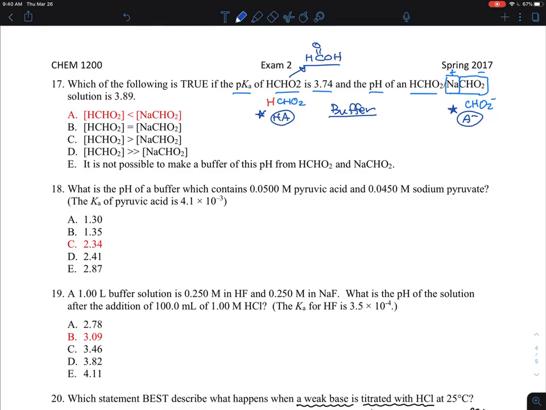Okay, so if you're looking at here, there's a bunch of equations. The one that is going to be useful is this: pH equals pKa plus log of the ratio between A minus and HA. That's for the buffer solution when you have pKa values known. Sometimes you need to use this one, and I've seen some exam problems where you need to use that.